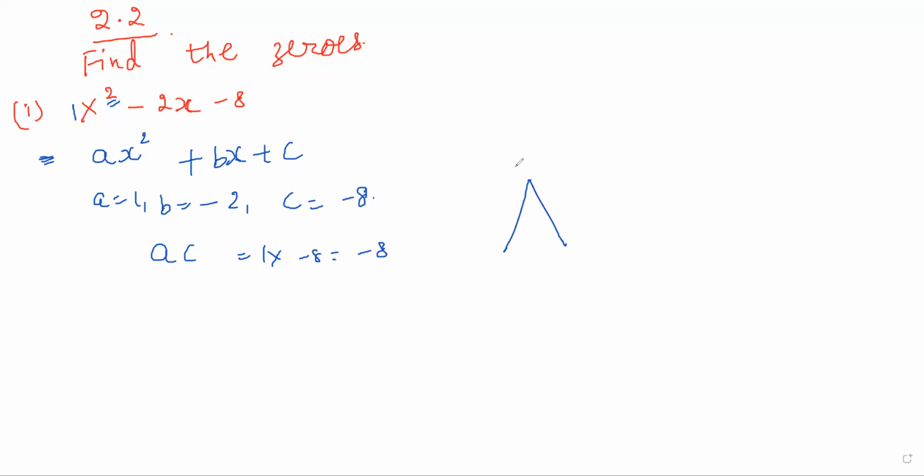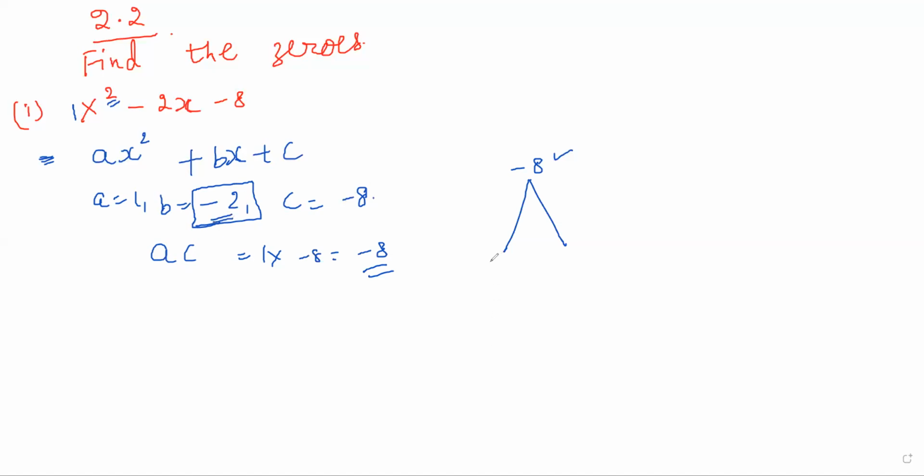The numbers should be such that if you multiply the two numbers, we get minus 8 and the sum should be minus 2, since b is minus 2. Did you understand? The product of the two numbers should be minus 8 and the sum should be minus 2.